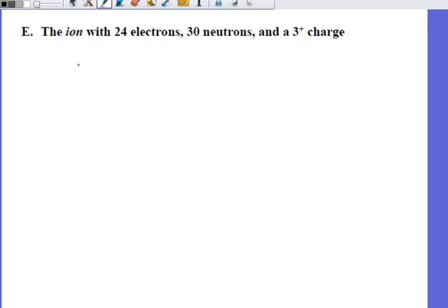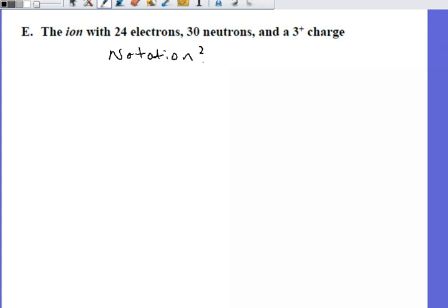So then sometimes you might come across a problem where it says this ion has 24 electrons, 30 neutrons, and a +3 charge. And I might be asking for the notation for that. So I might be like, what does the notation look like?